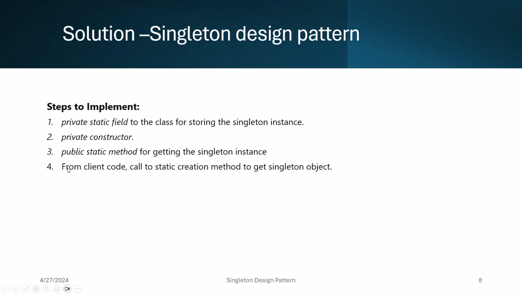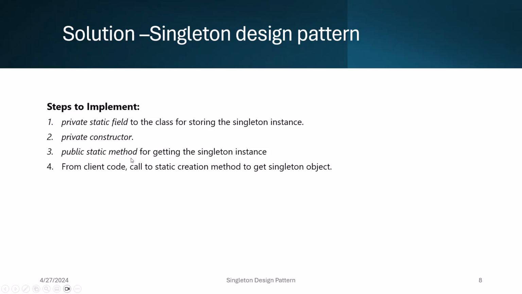These are the main four steps we should follow when we create a singleton object. First, we need a private static field in the class for storing the singleton's instance, and then the constructor should also be private. This is important. Then the method from which we get the singleton instance should be public static.